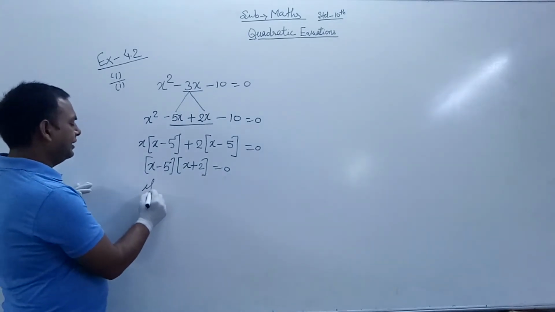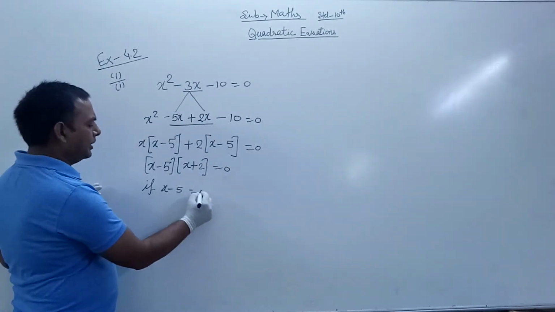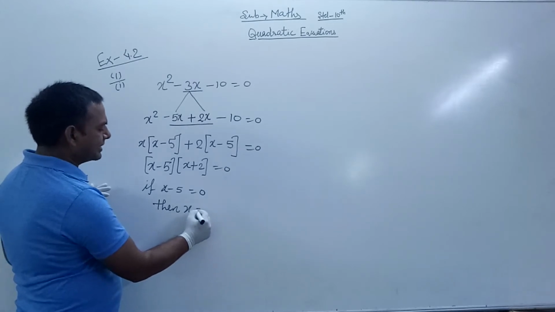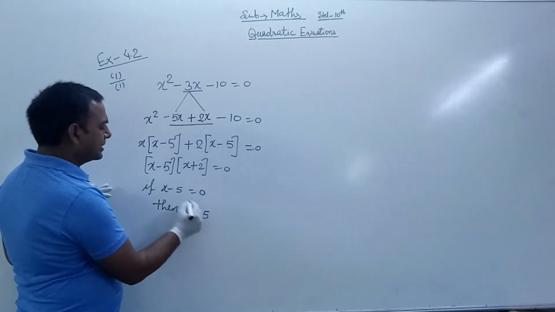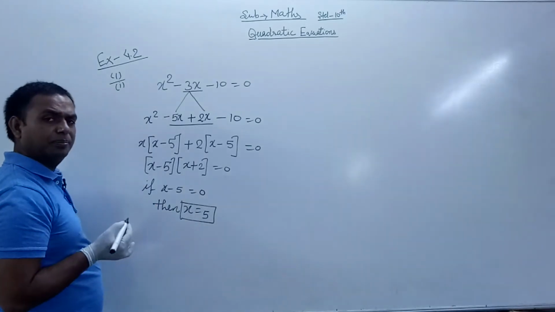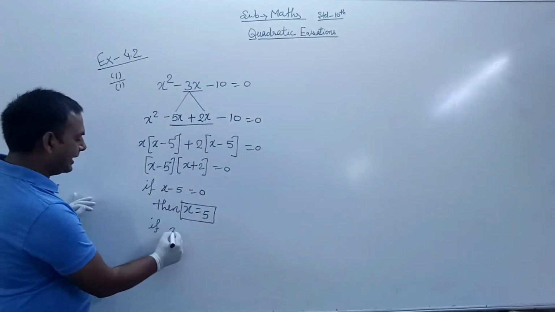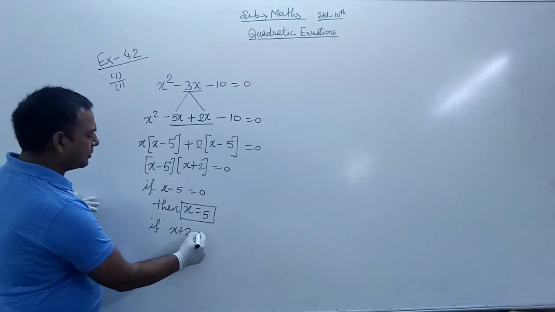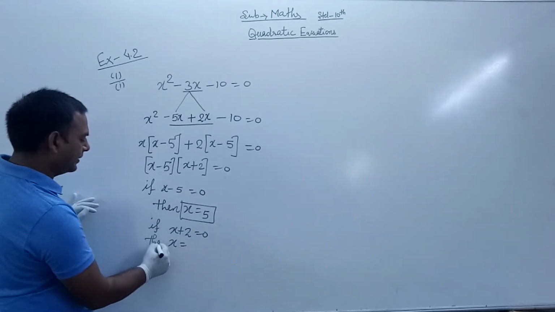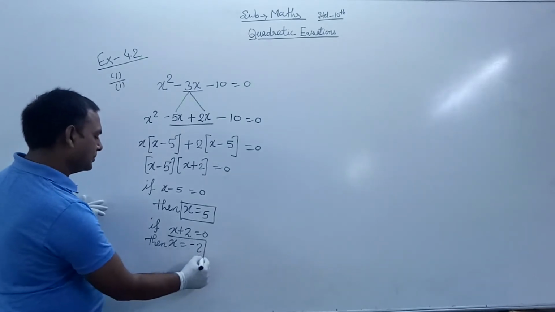If x minus 5 is equal to 0, then x is equal to 5, because the minus goes to the other side and becomes plus. In the second case, if x plus 2 is equal to 0, then x is equal to minus 2, because here it is plus 2.